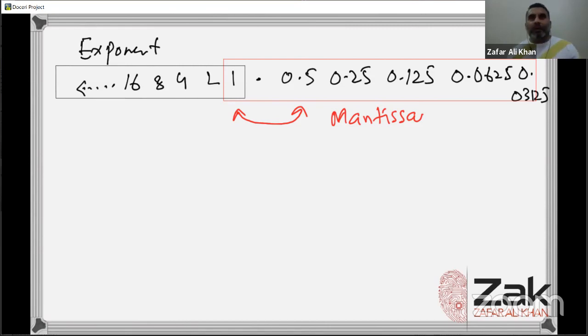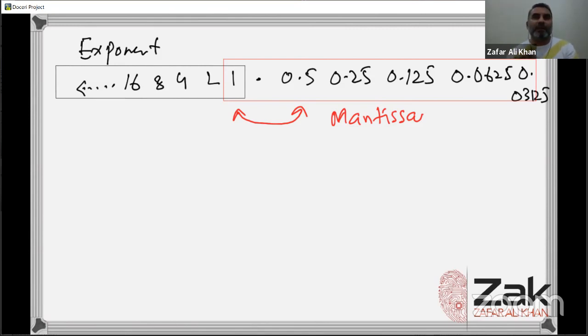And as we know, these numbers are actually in 2's complement form. So in the mantissa, this one will be negative. As we know, in 2's complement form, the leftmost or the most significant bit is always having a negative weight on it.